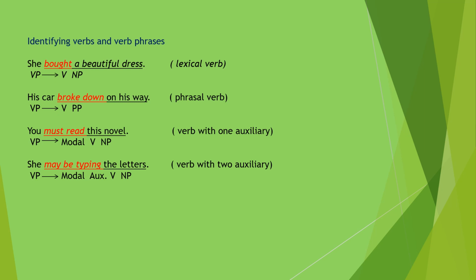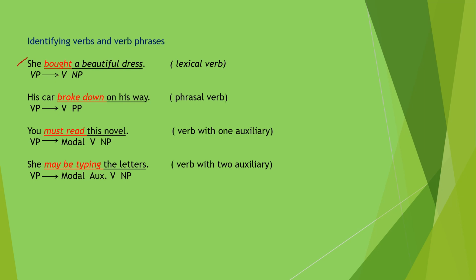So in this first sentence, after bought, all the things are underlined. That means all of it is in the verb phrase. So we have this verb, and then a beautiful dress is again a noun phrase, because here the head word is dress, and then beautiful is modifying the dress. So verb and noun phrase.